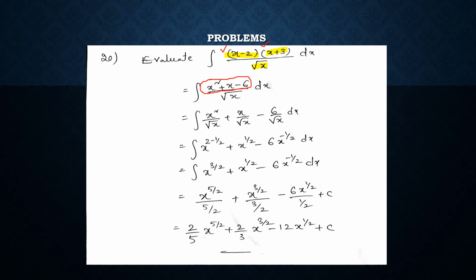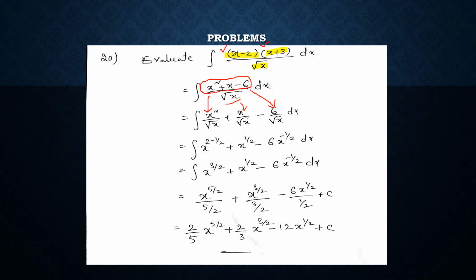Here root x means x to the power of 1 by 2. So dividing each term in the integrand by root x, we will get x square by root x plus x by root x minus 6 by root x dx.